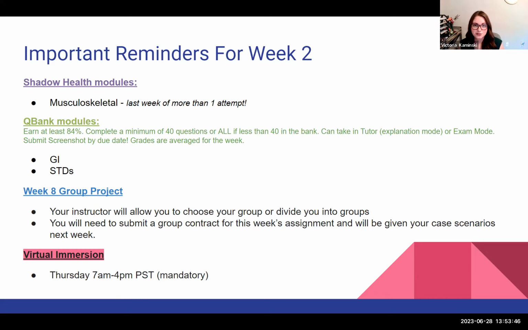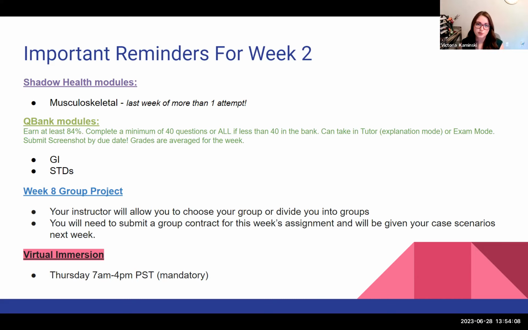However, if the module has more than 40 questions, the minimum is 40 to complete. You will submit a screenshot at the end of your results, as I showed in your town hall meeting. That needs to show how many questions you completed, the number of correct answers, the percentage, and it needs to show a time mark for this term.